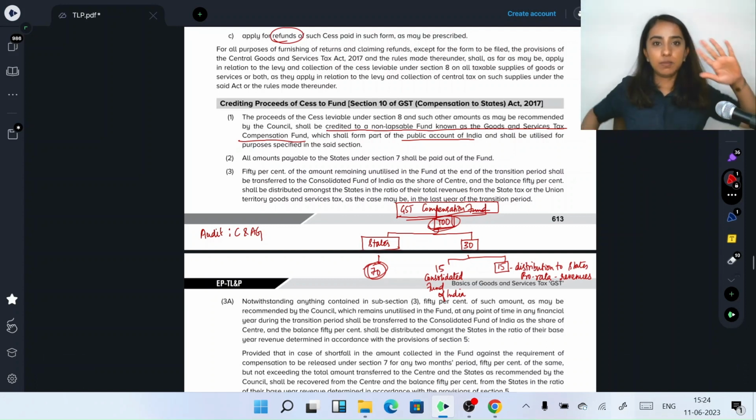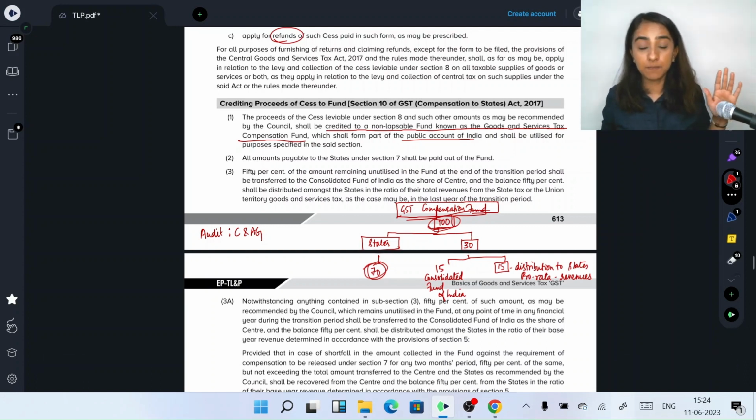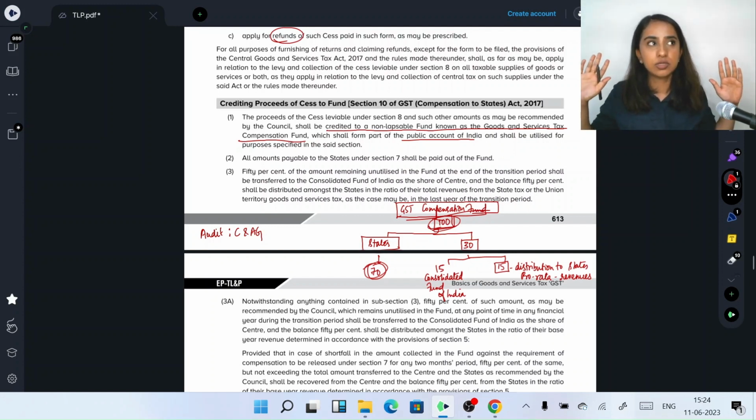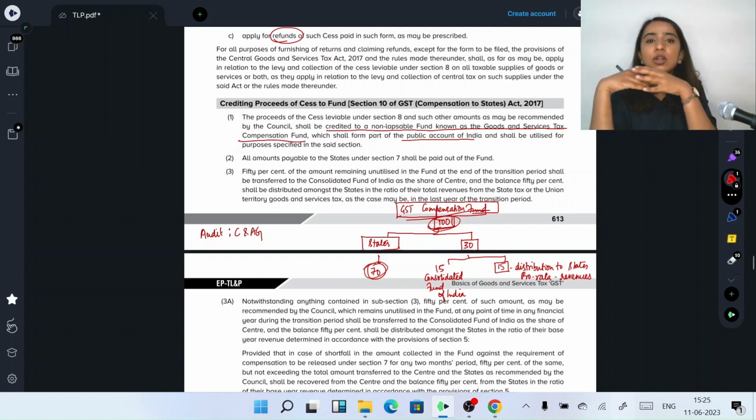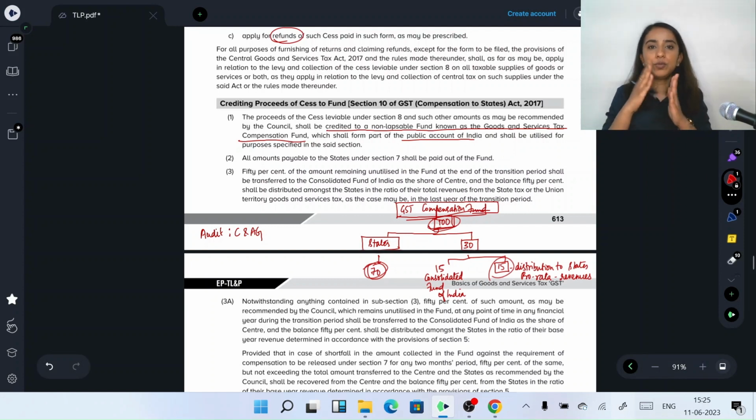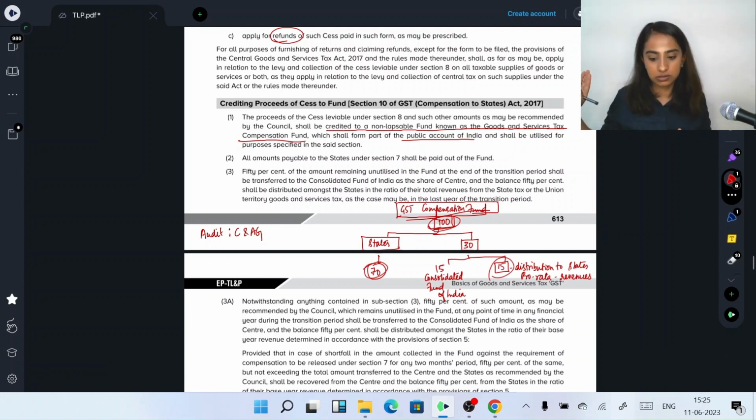Of that, 50% will go to the Consolidated Fund of India. The Consolidated Fund of India is a big, large revenue fund of India, where most of the funds go. You don't have to know anything in detail. So 50% of whatever is remaining after distribution to the states will go to the Consolidated Fund of India, and the other 50%, this 15 remaining, will get distributed to the states pro rata. The Consolidated Fund of India is owned by the central government.